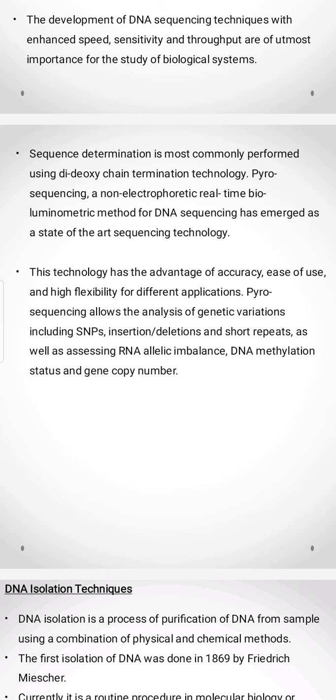This technology has the advantage of accuracy, ease of use, and high flexibility for different applications. Pyrosequencing allows the analysis of genetic variations including SNPs, insertions, deletions, and short repeats, as well as assessing RNA allelic imbalance, DNA methylation status, and gene copy number.